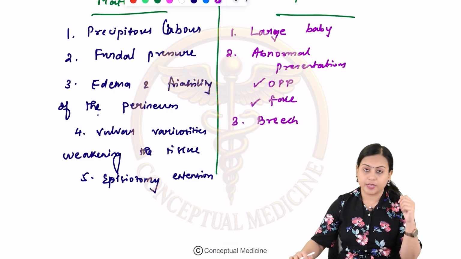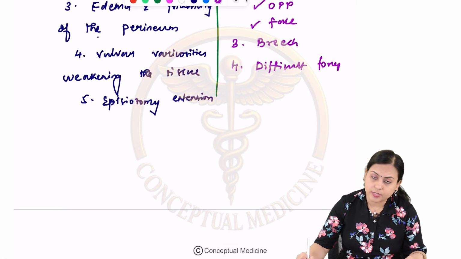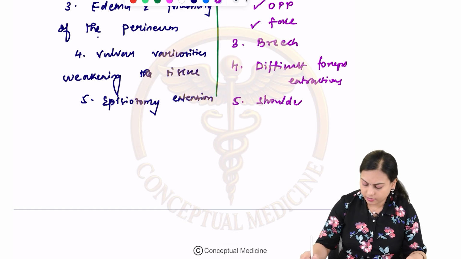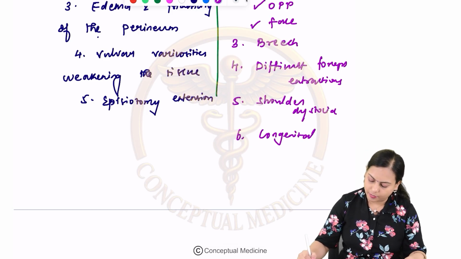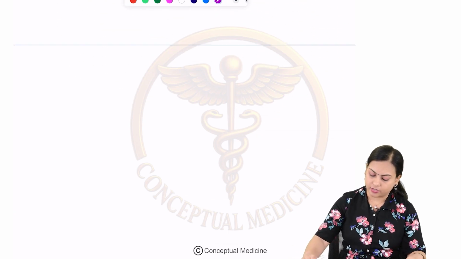Also in case of breech presentation, or when difficult forceps extraction is encountered, or when there is shoulder dystocia, and maybe due to any other congenital anomalies as well. Okay. So, these are the conditions where we can expect perineal lacerations.